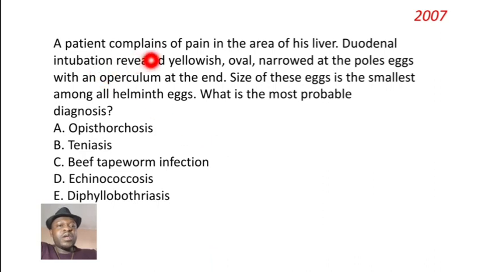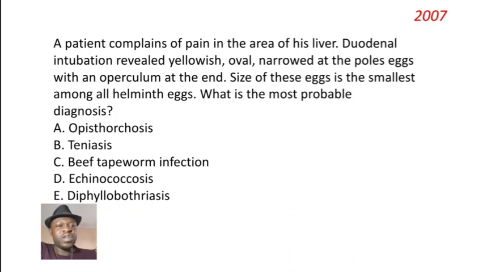A patient complains of pain in the area of the liver, in the right hypochondrium. Duodenal intubation revealed yellow, oval eggs narrowed at the pores. The eggs have narrow pores with an operculum end. So operculum, Opisthorchis sinensis. This is how I remember it.